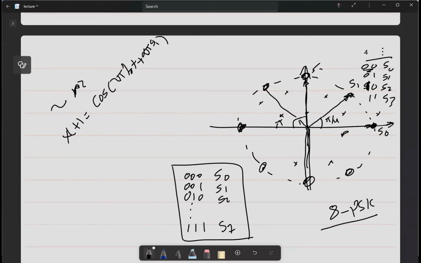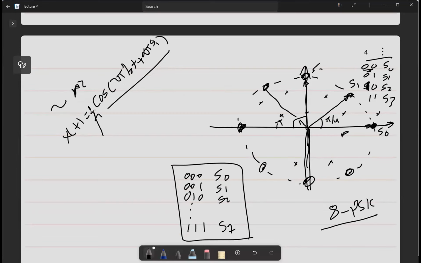Now, if you send this signal, as I said, it will not be received exactly the same. It will be shifted in the amplitude and also in the phase. The amplitude is not a problem, because here the amplitude is 1 and there is no information in the amplitude.